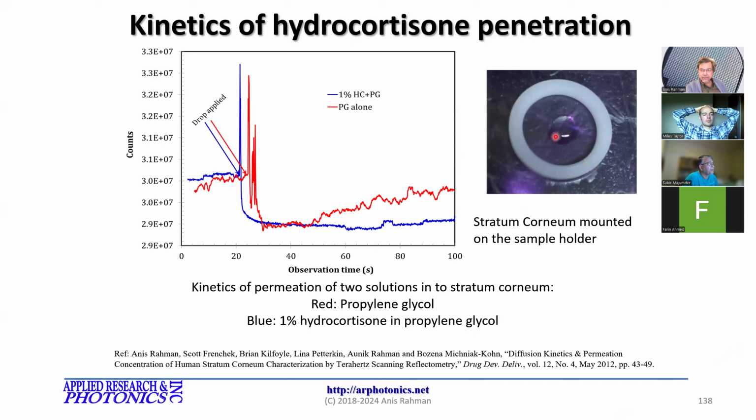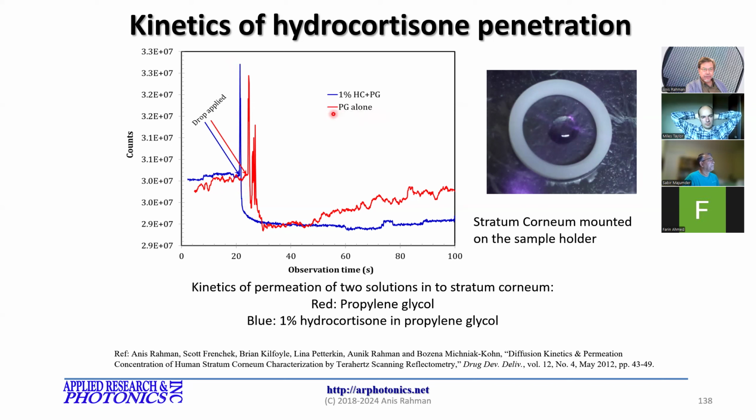But as soon as we put a drop on it, many of the beams that were escaping are not able to escape. Therefore, this spike happens. So the actual kinetics starts here and goes all the way there.